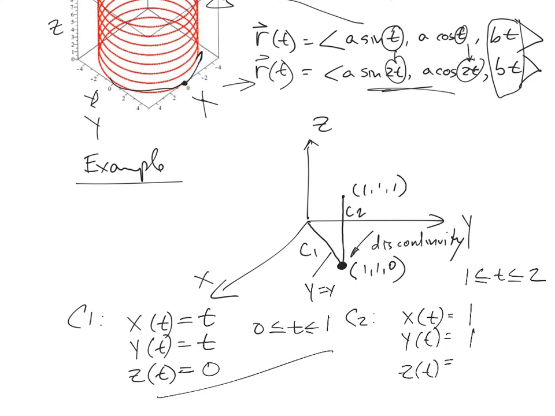Nope, can't do that, that's not right. t minus 1, the other way around. When t is equal to 1, z is equal to 0. Yep, that's what we need. And when t is equal to 2, z is equal to 1. Yep, that's what we need too. Okay? See you Wednesday.